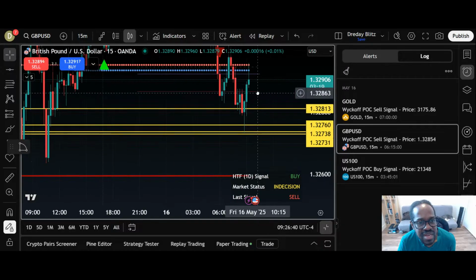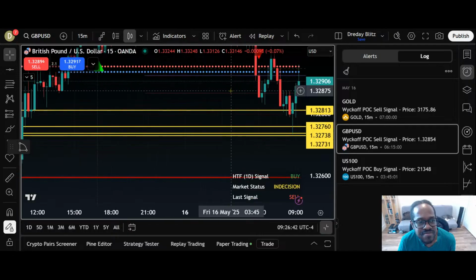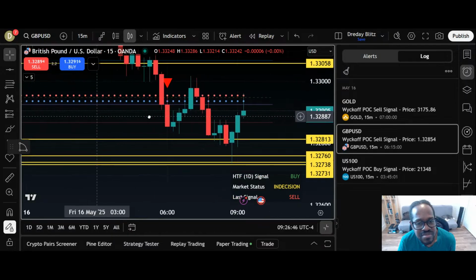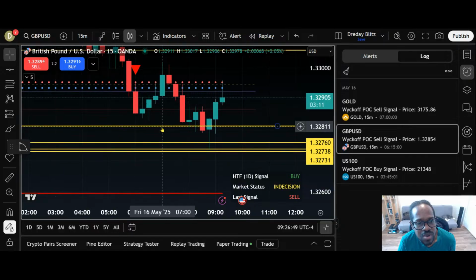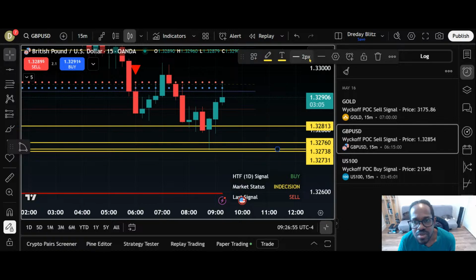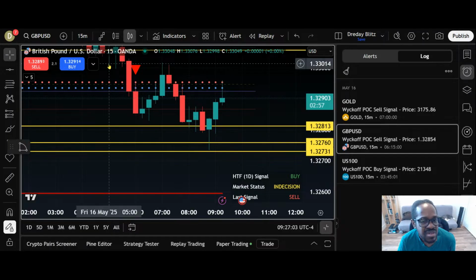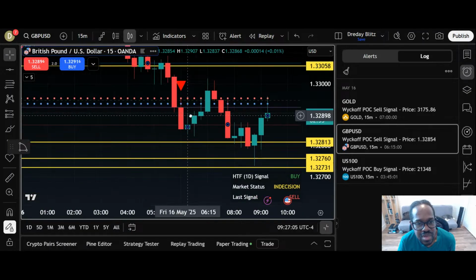Okay, so I have my lines plotted here. So I have 1, 2, and 3, even 4, but that would be considered as 3. I'm just gonna remove the last one because they were more or less at the same price. Boom. So those will be my TPs.